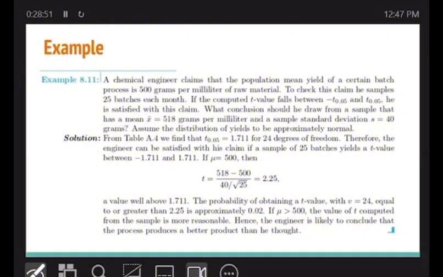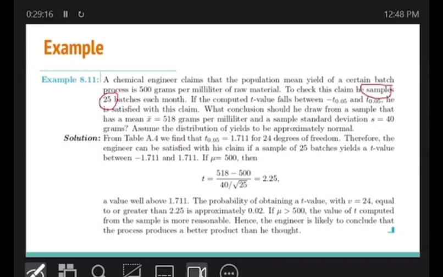What conclusion should he draw from a sample that has a mean of 518 grams and a sample standard deviation of that, assuming the distribution of yield to be approximately normal? Now, take a look at the sample size, 25.